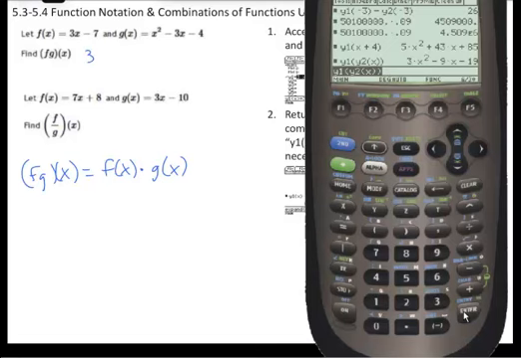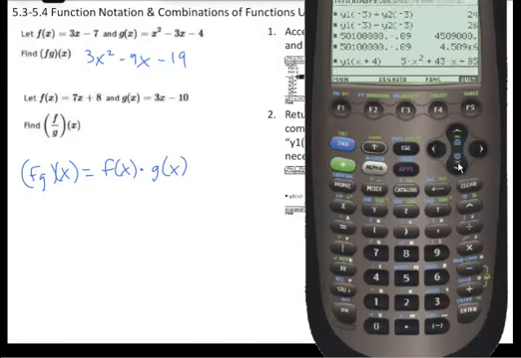Oops, let me go back. I actually did composition of functions there, so hang on just a second. So this one wasn't y1 of y2, that's the composition of functions. This one is multiplying them.